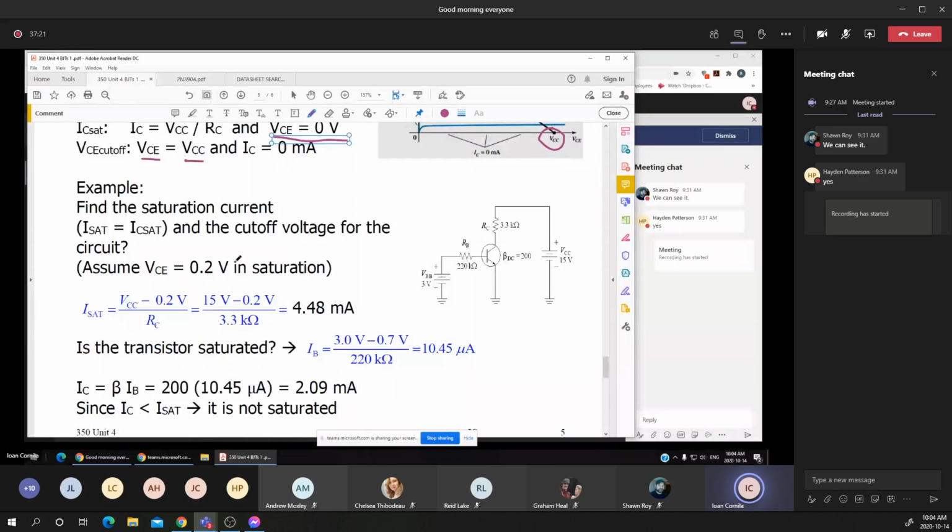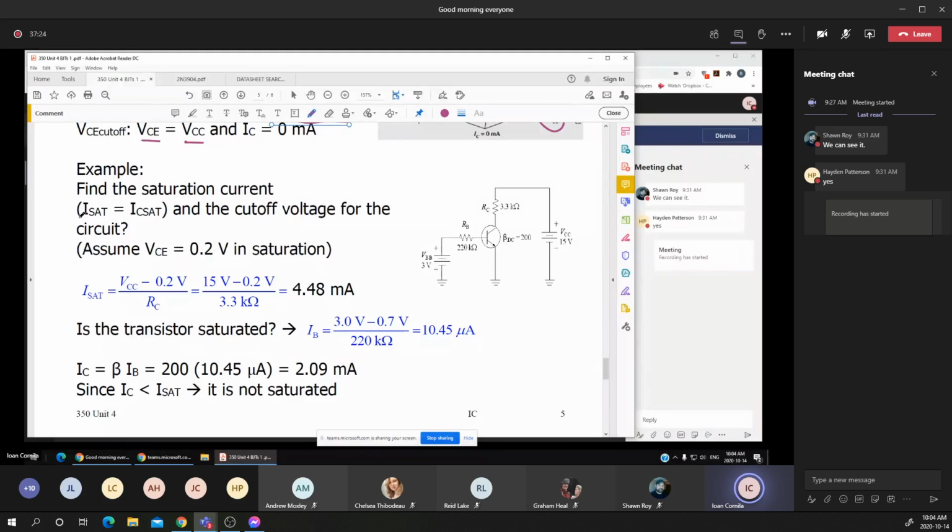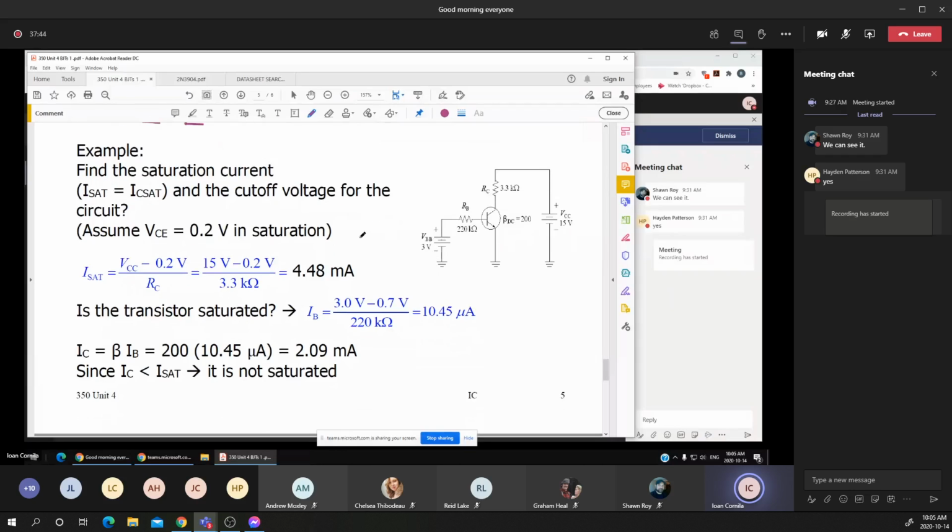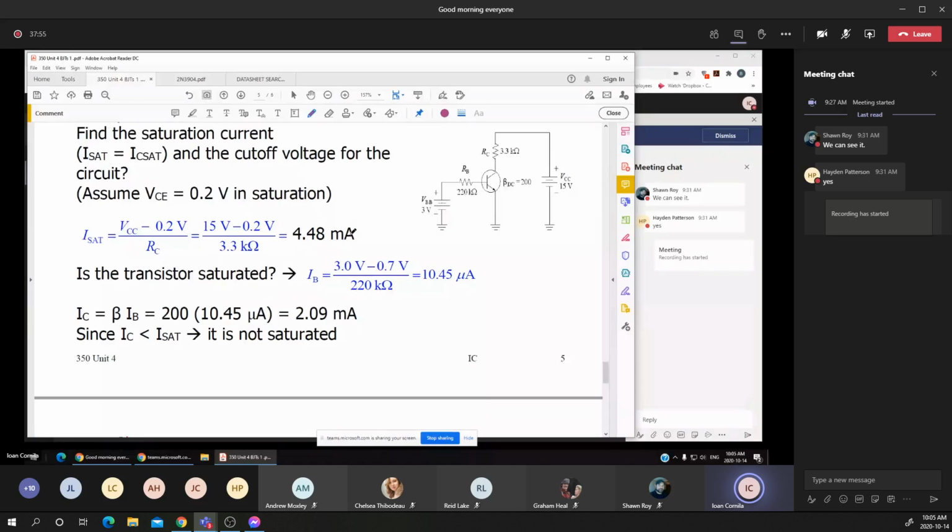The saturation current, and I mentioned that you may see an abbreviation as ISAT, like saturation current, or sometimes IC SAT, the collector saturation current. This means that we may see both notations for the saturation current in the specs. By the end of this lecture I will show you the specs of a few transistors, and what we are looking for and what we have to take into consideration when choosing a transistor.